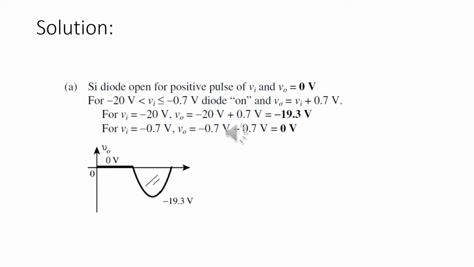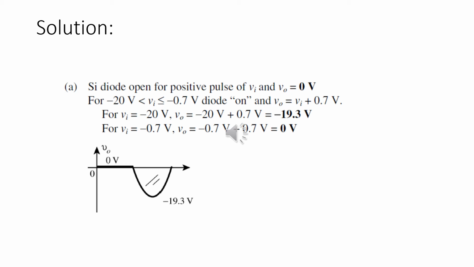Now if we write the KVL for this, what will be the KVL? Going in the anti-clockwise direction, we have positive Vi, then minus V0 plus 0.7 equals 0. So V0 will be equal to Vi plus 0.7.